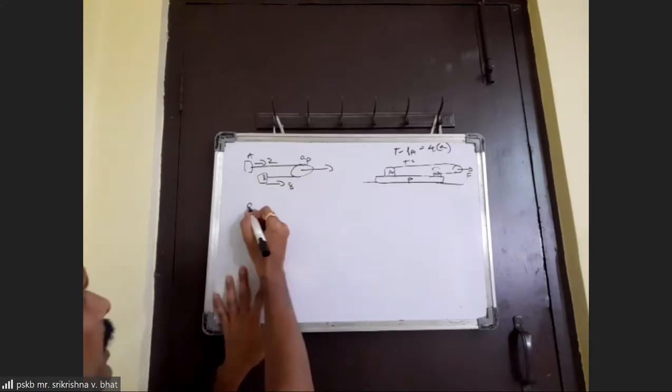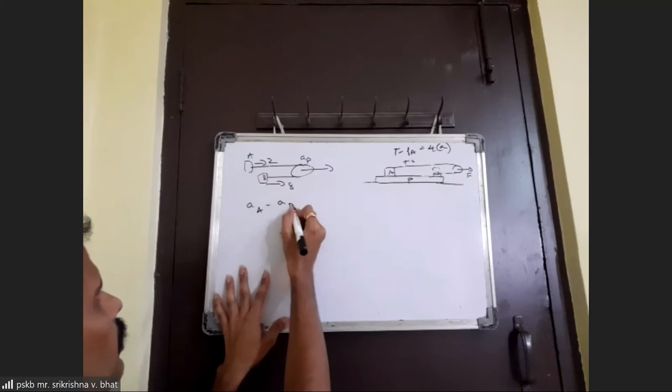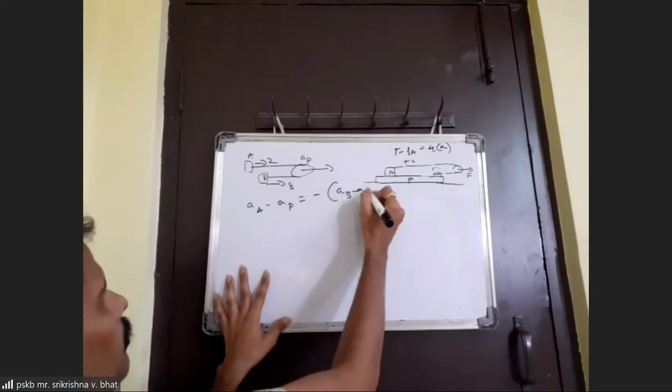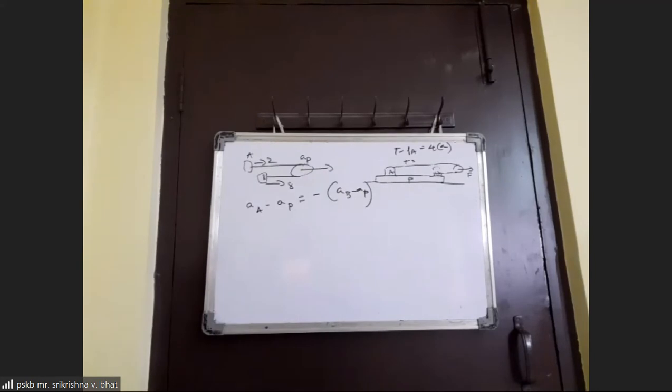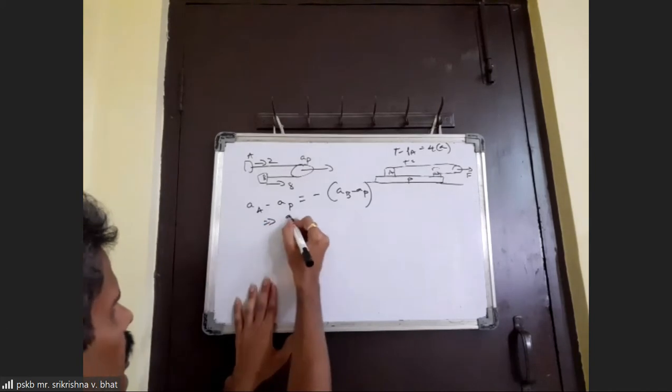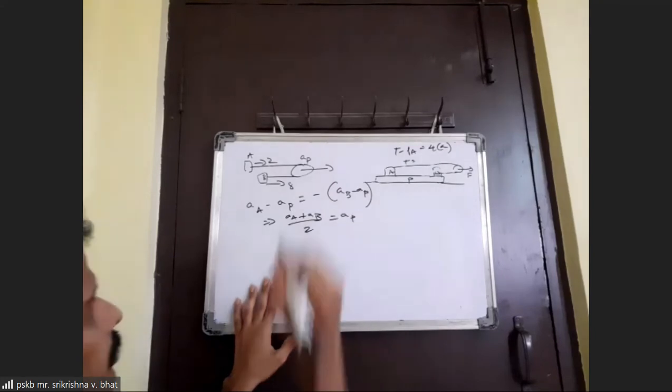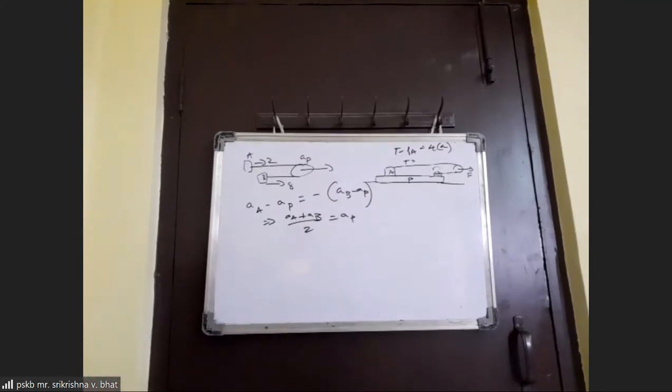Which means A minus AP should equal minus of AB minus AP. This is one thing we can directly see. From this we can say AP equals A plus AB by 2. Is it clear?